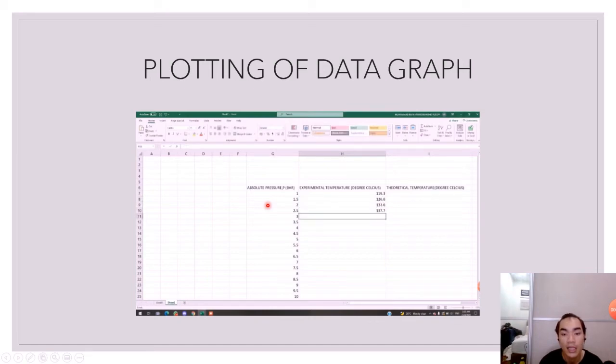I'll just fill in the blanks with the values.